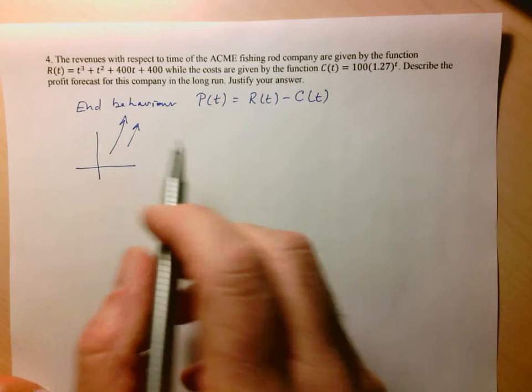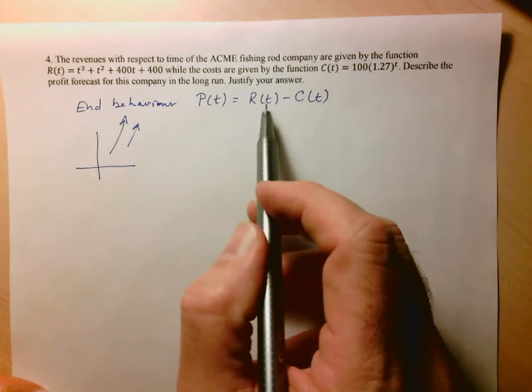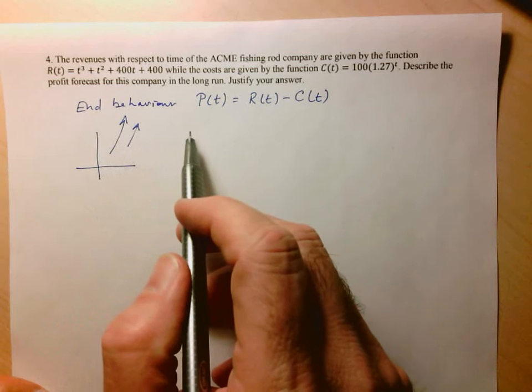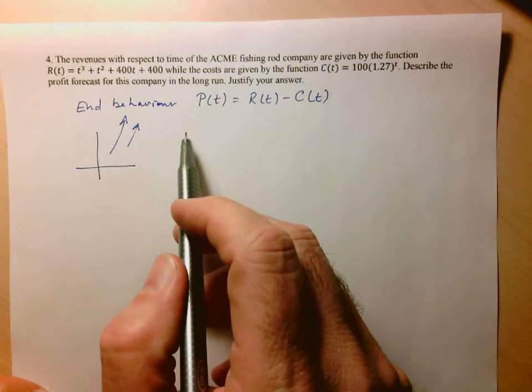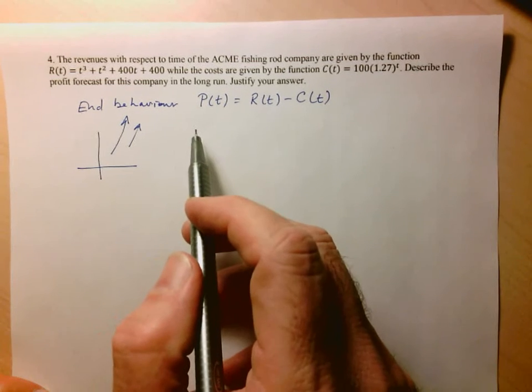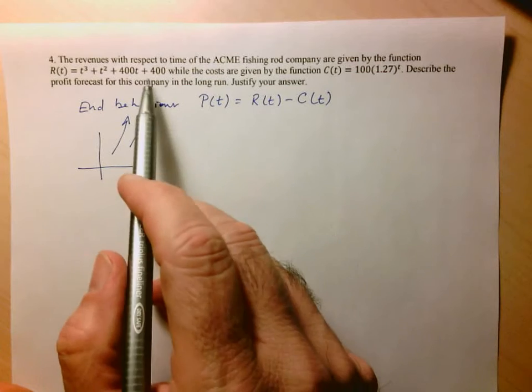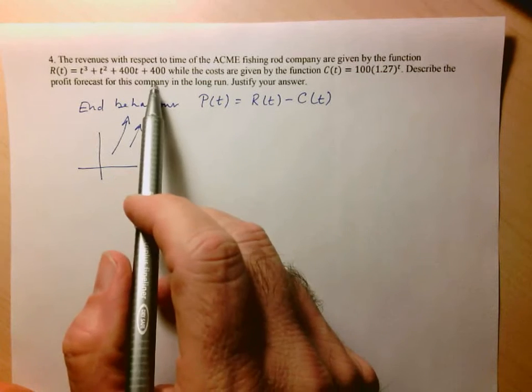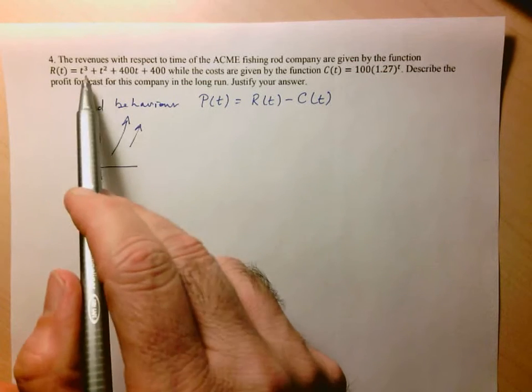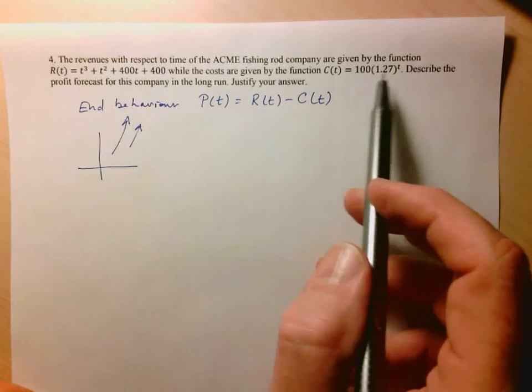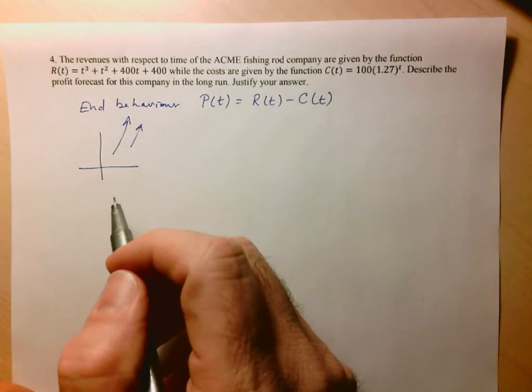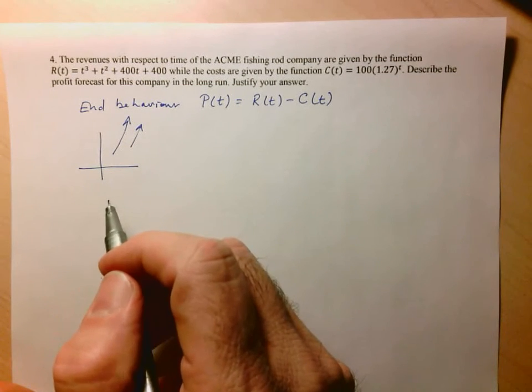Okay, but here we're subtracting two functions that are both getting very, very large over time. And this is where we use one of our tools, and that's to compare the rates of growth. So no matter how quickly this cubic is increasing over time, this exponential function is going to be increasing much, much faster.